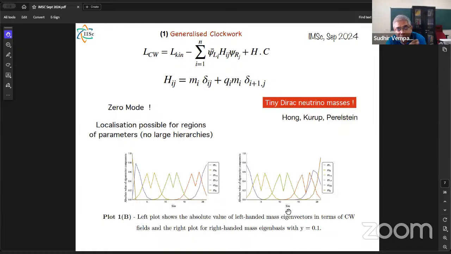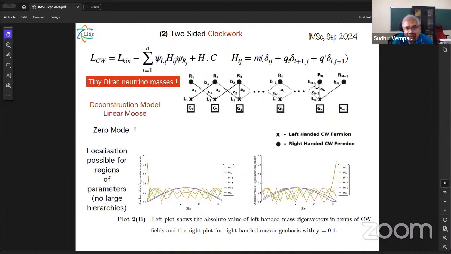predictions. Now you can actually look at how good this localization is, in the sense of how efficient it is. How large a hierarchy are you going to generate? So you can take, for example, only one chain, where you only take left to right, with a 0 mode in this case, or you can take left-right and right-left, but don't make these parameters random, just make them completely universal.